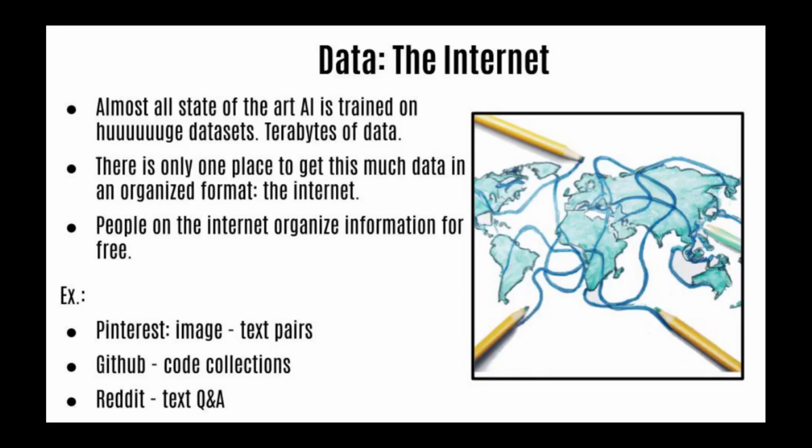Examples of this are on Pinterest. Every time you post something on Pinterest, you're creating a pair of a piece of text with an image. And so then when you're training a text to image model, you might use the Pinterest data set along with others. For GitHub, you're creating these big structured collections of code. So then when you're training a code generation model, you're contributing to that by posting on GitHub.